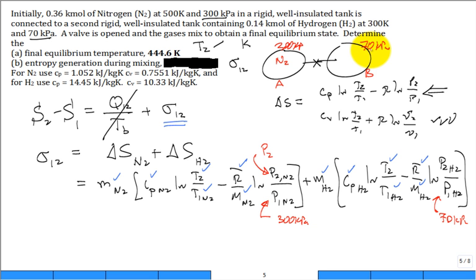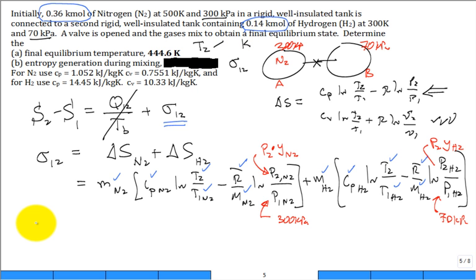But once I get P2, then I'm going to multiply by Y of the nitrogen. What's that mole fraction of the nitrogen at the end of the mixing? Likewise, this one is going to be the same P2, but the mole fraction of the hydrogen at the end of the mixing. Okay, let's do this. We know the kilomoles of nitrogen, and we know the kilomoles of the hydrogen.